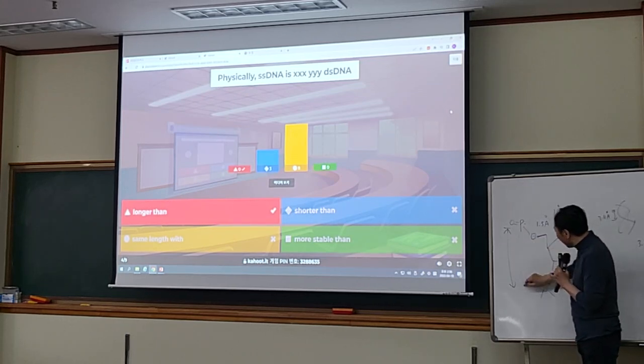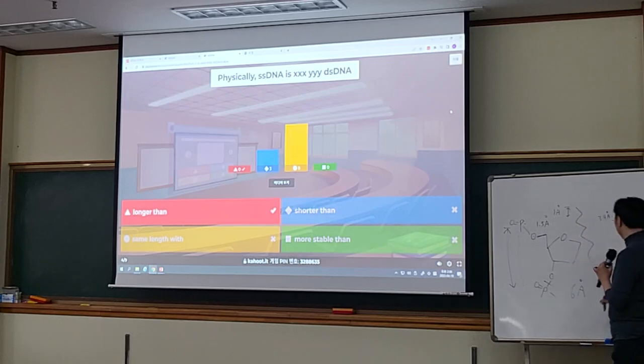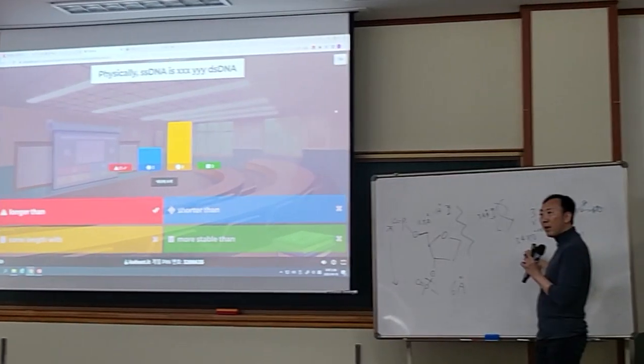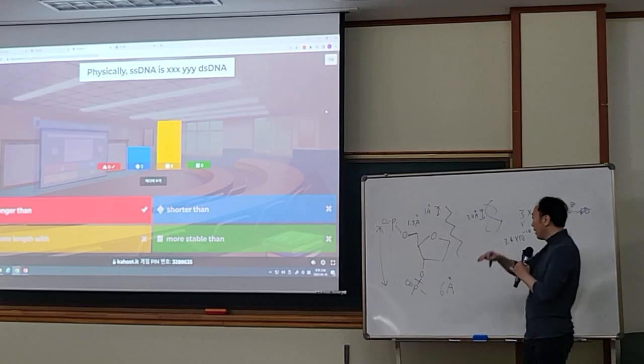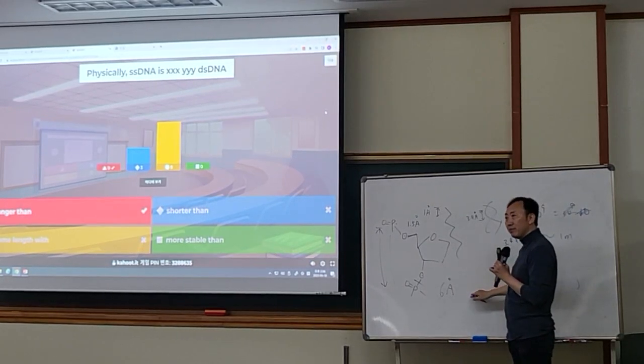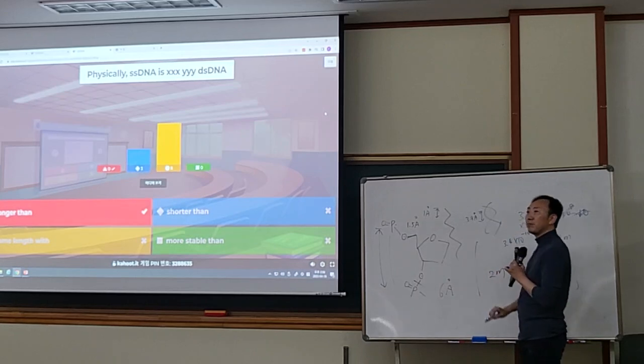Then one unit is 6 bonds, about 6 angstrom. Double of this. Then you can see the double helix is really a compact structure, half the size. This is almost double size. So using this as your calculation, one strand may be about 2 meters.